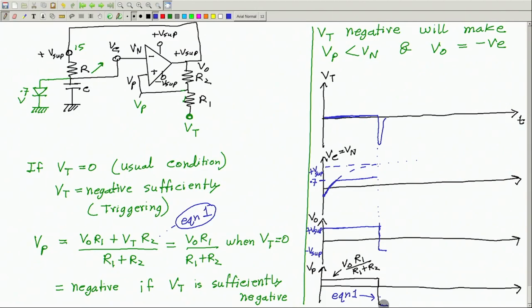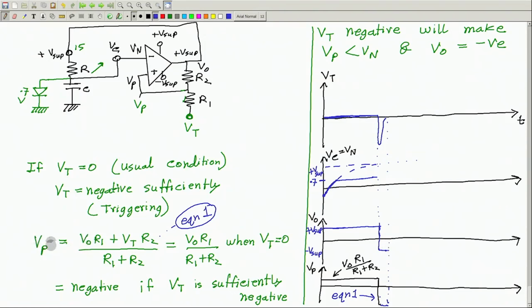Now after a small while Vt is becoming 0, okay. So after this moment, so if I come here, Vt is 0, okay. After this point Vt is 0, so here this term will be 0, but now you see Vo is already negative because Vo has gone negative.